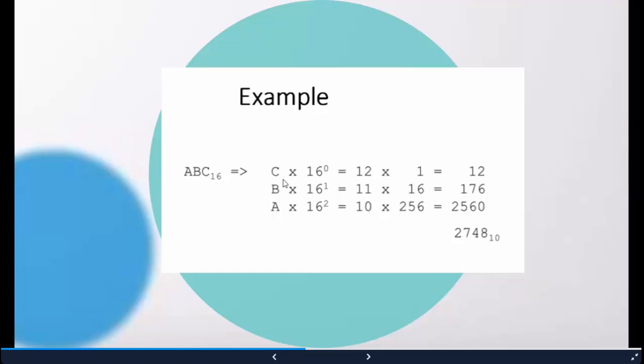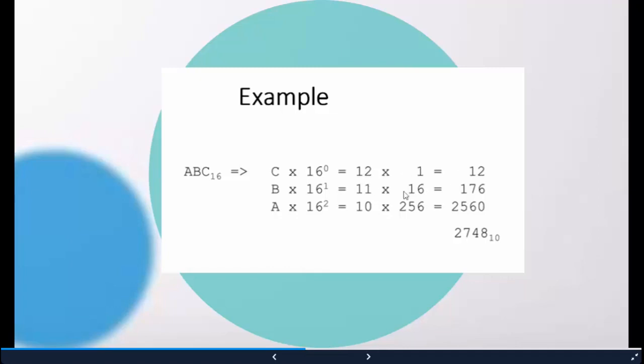So as you can see here, C times 16 raised to the power of 0, then 1, 2, and so on and so forth. That's the order. So B times 16 to the 1, A times 16 to the 2. C is 12, B is 11, and A is 10. So we do the math of 16 to the 0, 16 to the 1, 16 to the 2, which is 1, 16, 256.